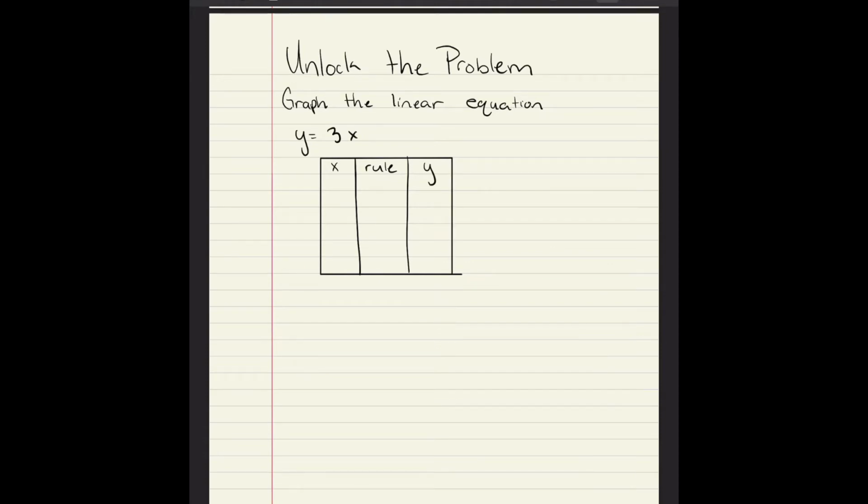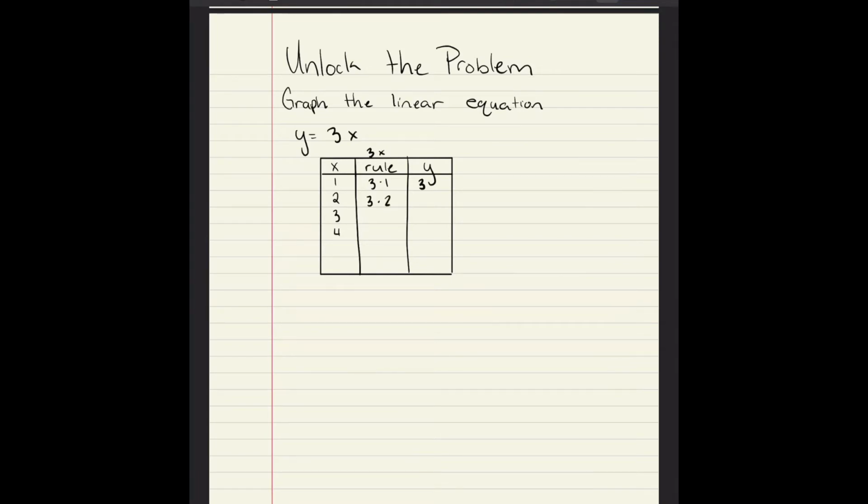and my y. So if I do this, let's say I plug in, just like when we created our equations from our input-output tables, I'm just going to choose a set of numbers to plug in. And I'm going to plug those into my rule, which is 3x. So I have 3 times 1, which my y would then be 3.